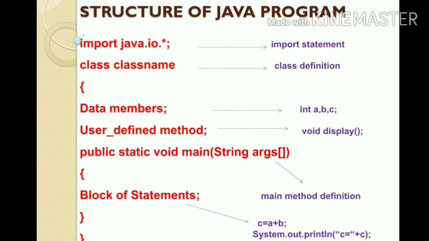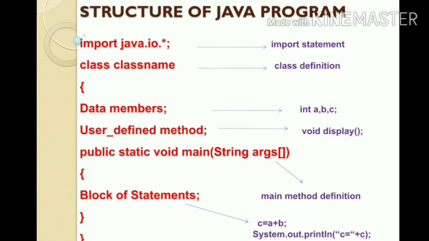Here public static void, these are called keywords. Public is used to access outside of these classes. Static is a keyword used when we want to access a method without making its object. Void indicates that it does not return any values.